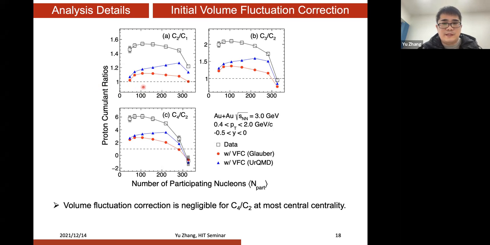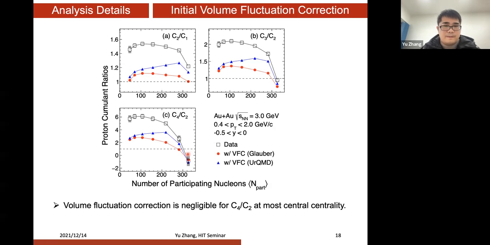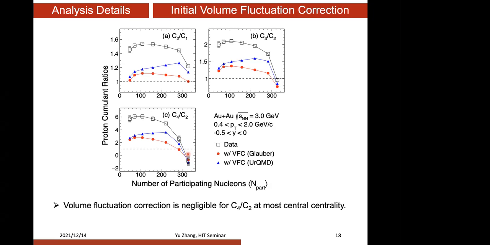It shows that, for example, C4 over C2 changes to close to 0. Yeah, slightly negative, slightly positive. Okay, thank you. It would be interesting to see this side by side, because I think this separates the effect of volume fluctuation with and without including this impact parameter fluctuation. Okay. Yeah. Thank you.